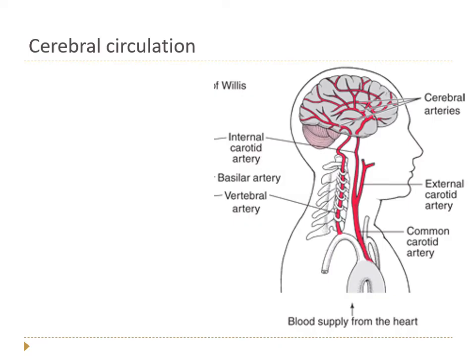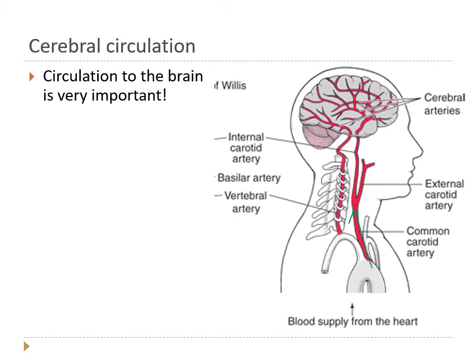So in order to get blood up to the brain, we've got blood coming up. Remember, the external carotid artery is just going to supply the face and scalp, but the internal carotid is going to go through a hole in the skull to supply the brain.